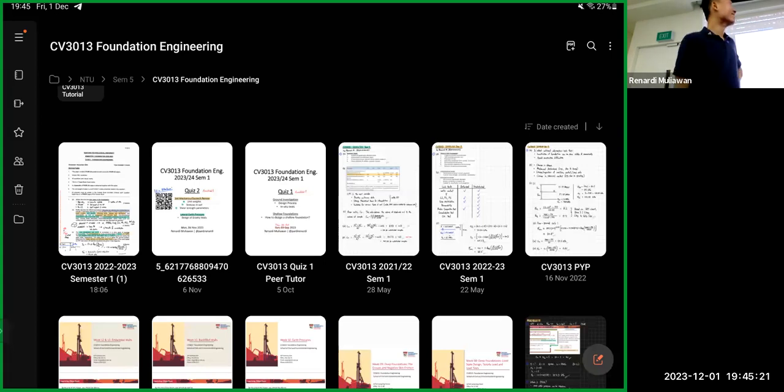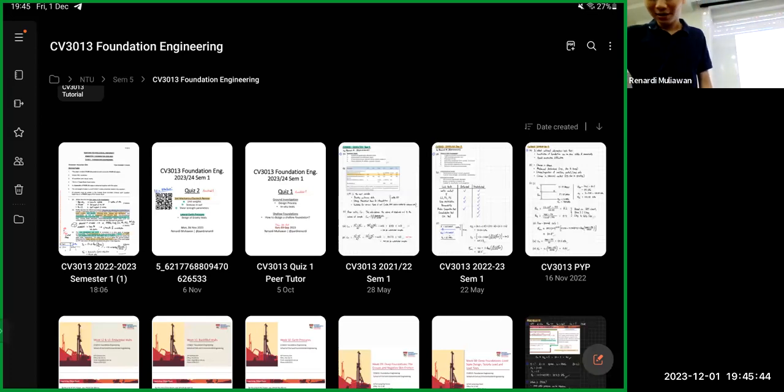Understandable, but just revise question 3 first. So that's all I can say. Question 3 and question 4 first. That's the easier one. Yeah, 3 is pile design, 4 is the retaining walls.